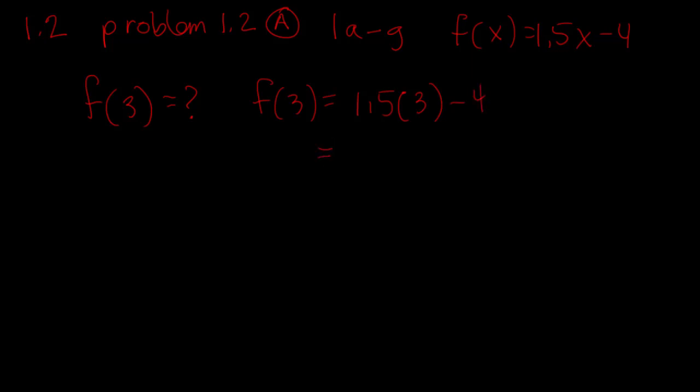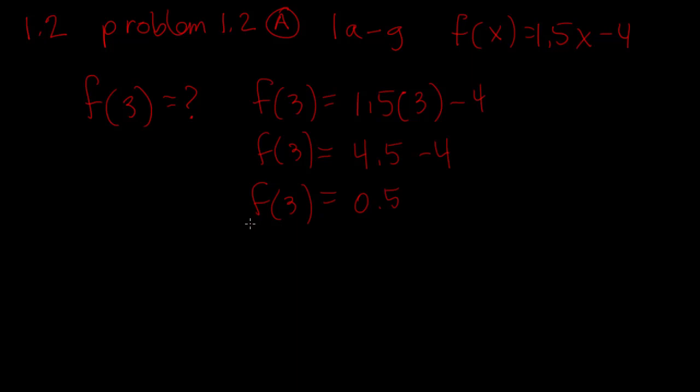So 1.5 times 3 is 4.5 minus 4. 4.5 minus 4 is 0.5. So f of 3 is equal to 0.5.